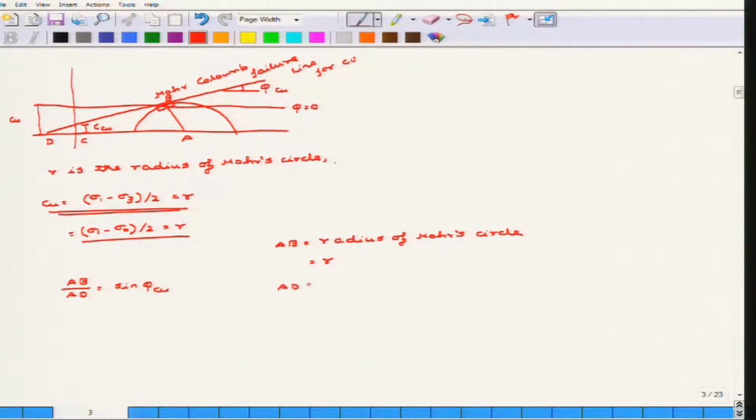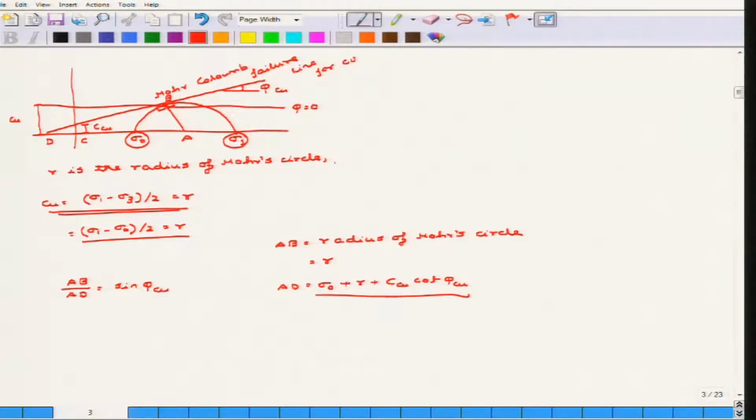What is AD? AD, as you can see, this point is sigma naught because this is at the end of the shearing stage. So this point is sigma naught, this point is sigma 1. If this is true, then AD is equivalent to sigma naught plus R plus C of Cu into cot of phi Cu.